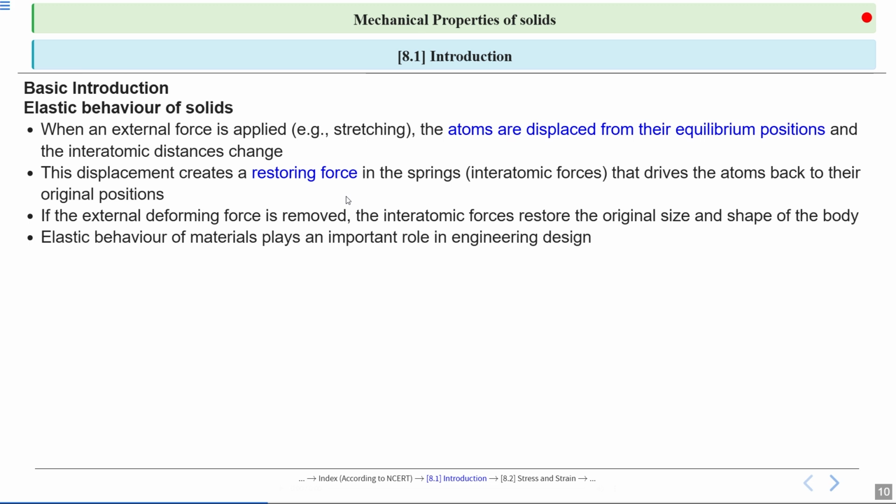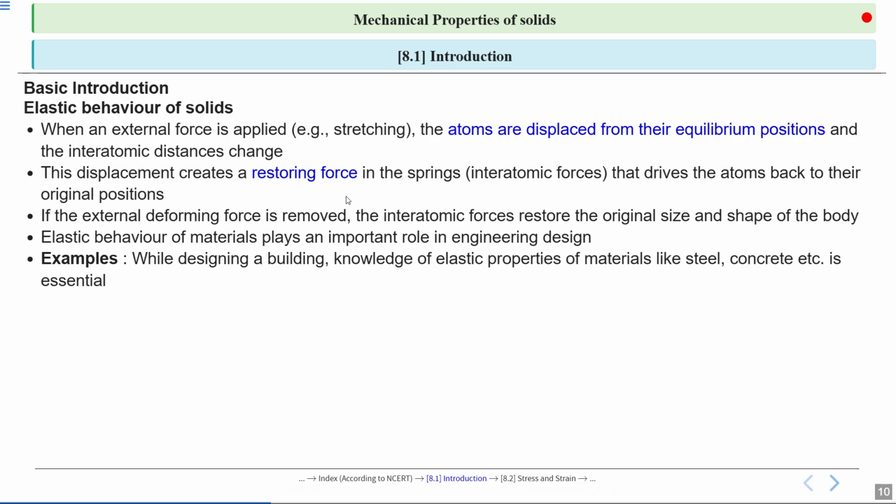Elastic behavior of materials is important in engineering design. For example, when designing a building, engineers must consider the elastic properties of materials like steel and concrete. These materials need to be able to handle stress and return to their original shape to ensure the building's integrity.